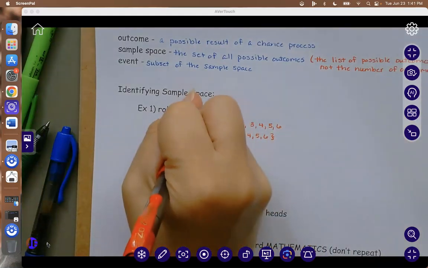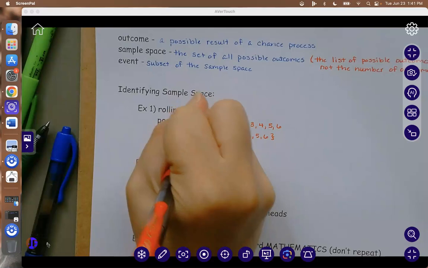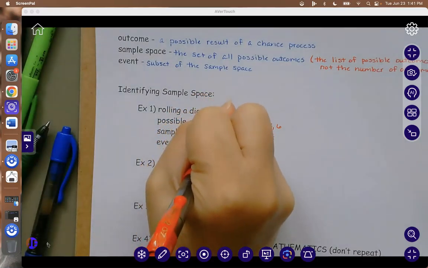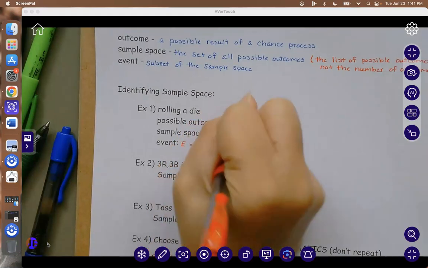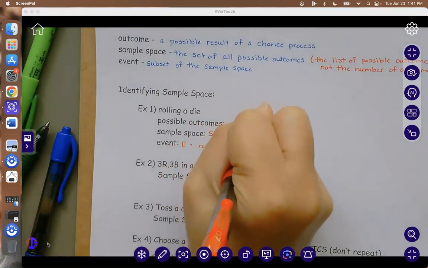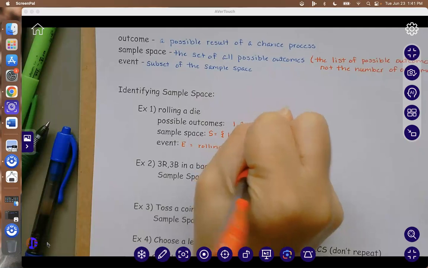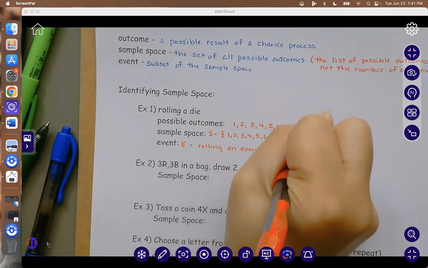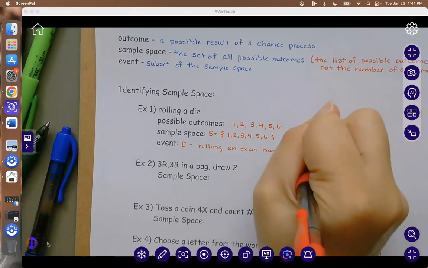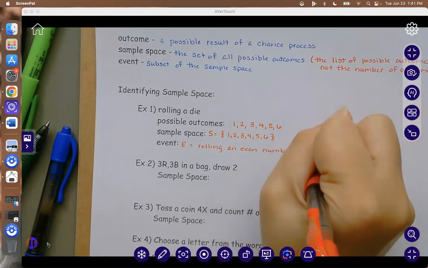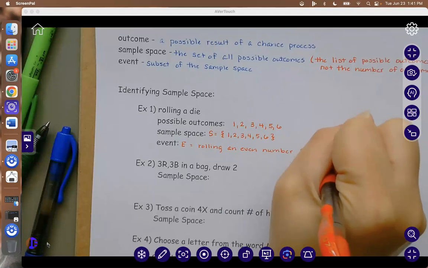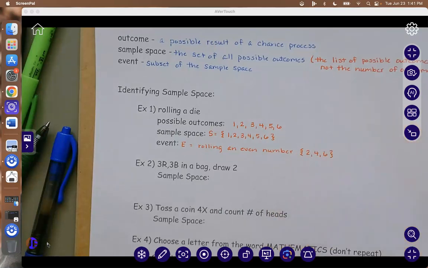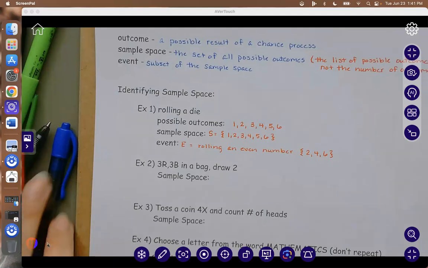And the event, an event could be rolling an even number. Okay? And that would be 2, 4, or 6.